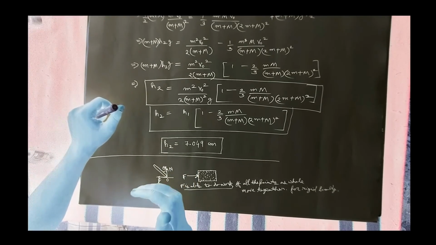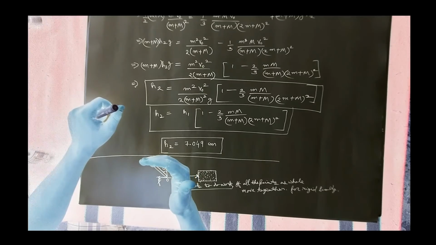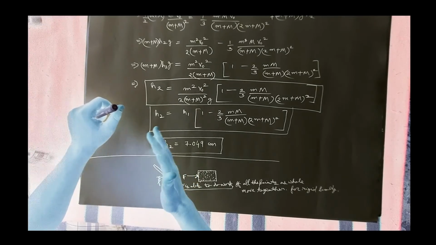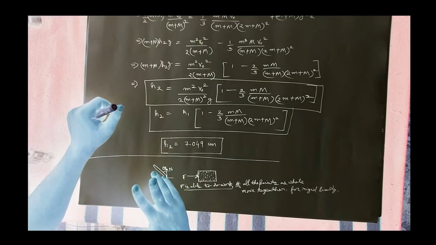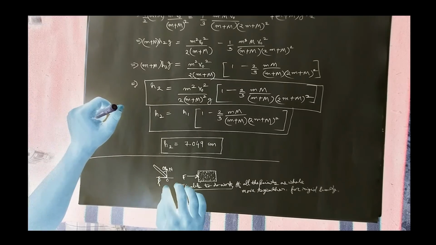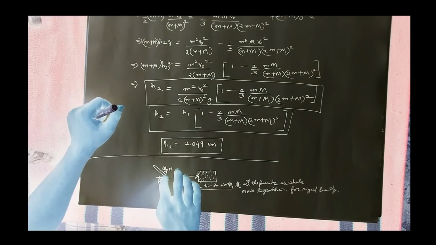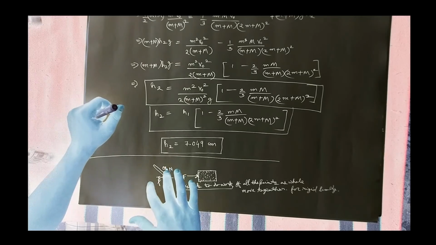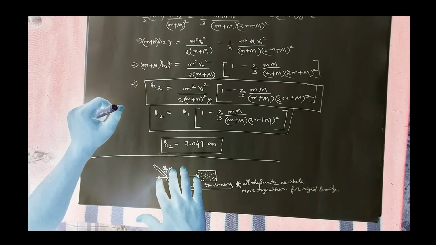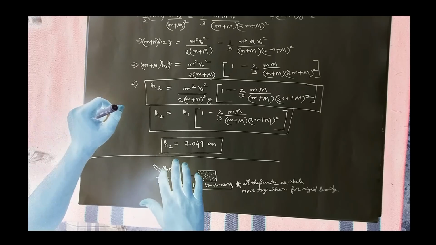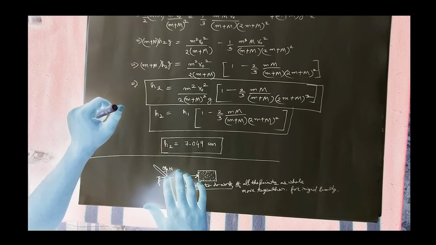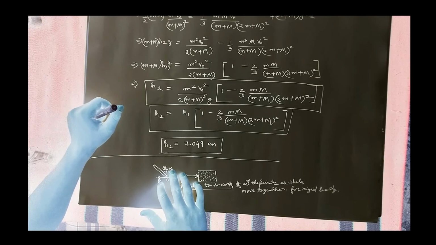So just after the bullet hits the block, the energy is conserved, because the normal reaction and friction force are not doing any work in moving this point. The message of the force is not traveling throughout the rod, so the center of mass of the whole system is not moving due to the normal reaction and friction force. Hence my energy is conserved.